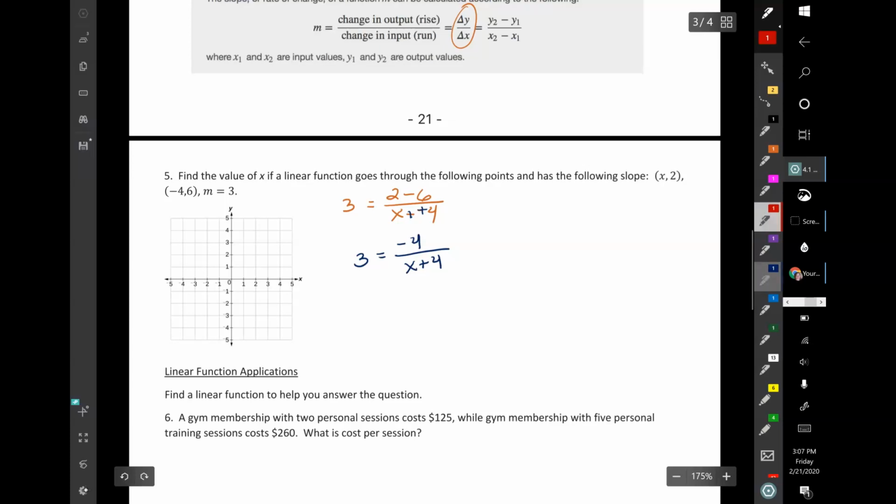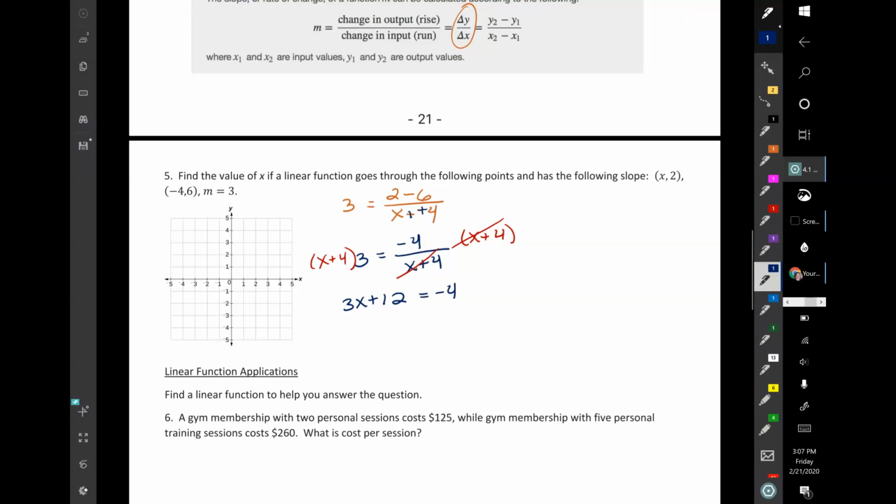I can clear the denominator. This has a lot of good skills we have learned. X plus 4 on both sides. This reduces out, and then over here I'm left with, on the right hand side, 3x plus 12 equals -4, and then subtract 12 from both sides, and I get 3x equals -16.